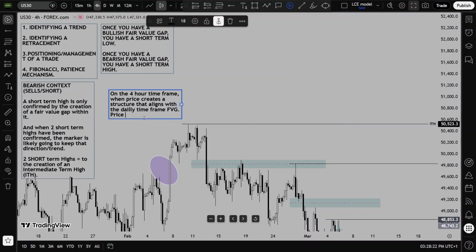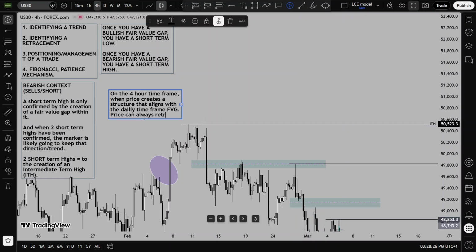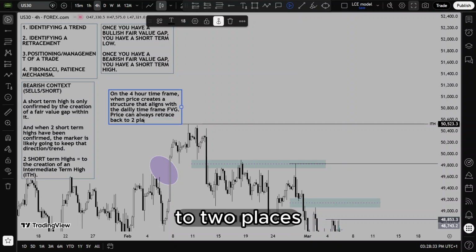price can always retrace back to two places before continuing.